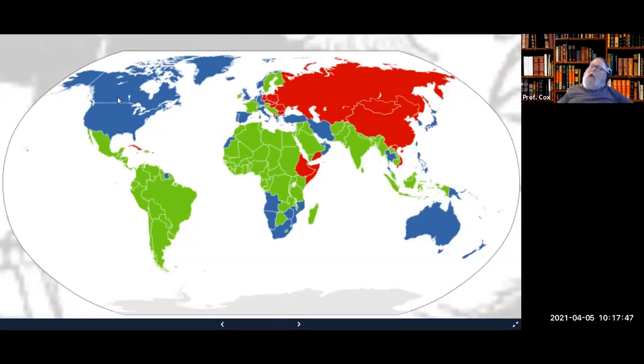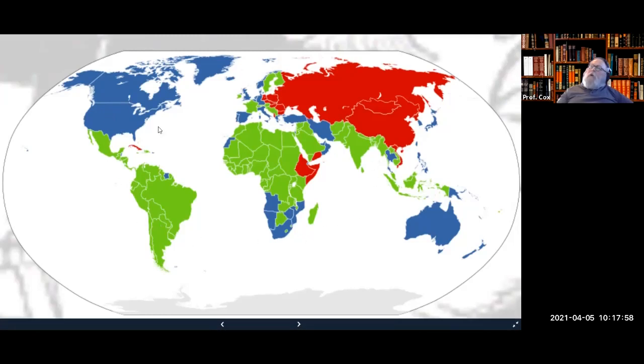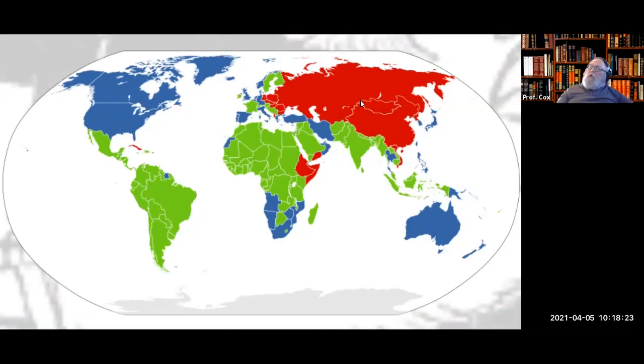And so both the Soviets and the Western Alliance will see these struggling countries as opportunities for expanding their influence. And these formerly colonized countries will be asked by both the United States and the Soviet Union to choose what side they're on.